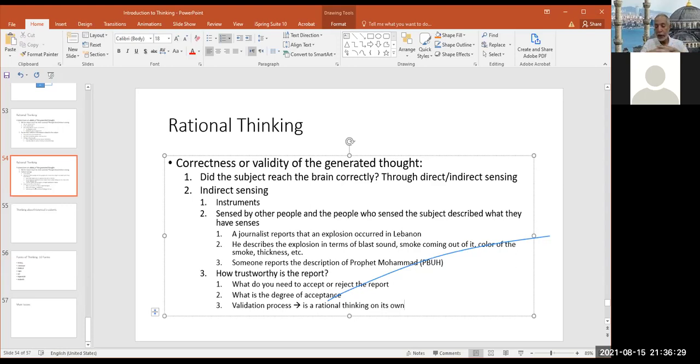And when the Muslims wanted to validate the hadith, they invented a new knowledge, if you will, and a new knowledge format, which is called the ilm al-rijal, the science or the knowledge of men or of people, in order to validate or invalidate the hadiths.